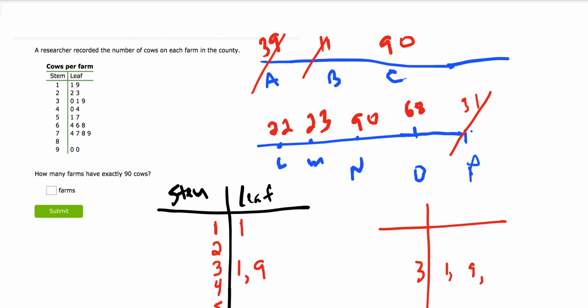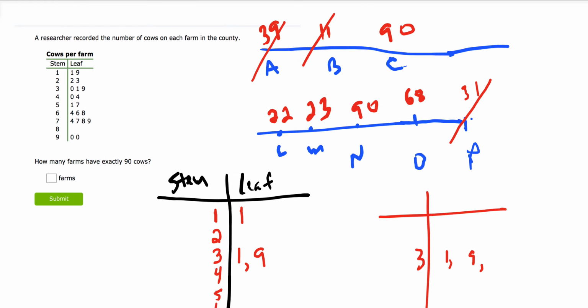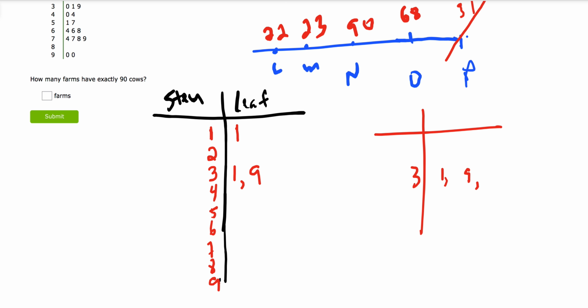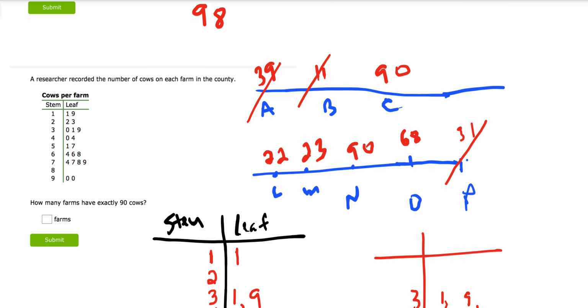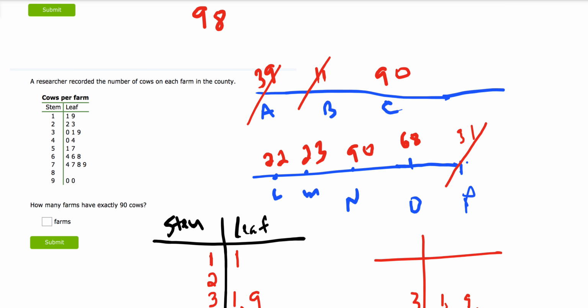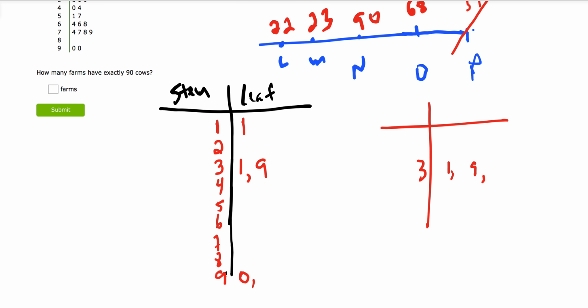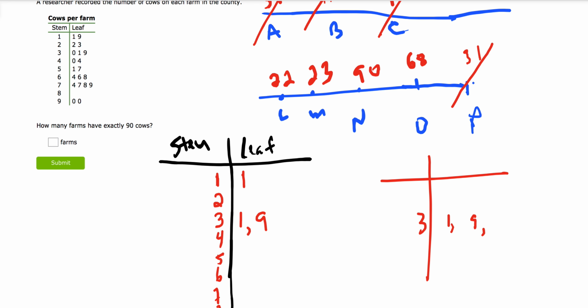All right, now what about farm C? How should I do that? I understand. I'm going to answer your question in a sec. Keep going. So what about farm L? So what do I do with that? Okay.